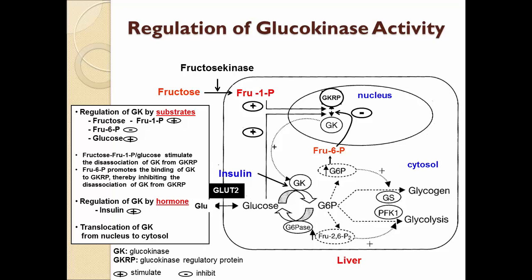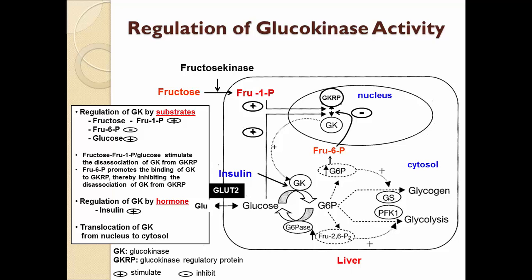Under the basal condition, there are two important substrates that can regulate the dissociation of glucokinase from the glucokinase regulatory protein, allowing glucokinase to be released from the nucleus into the cytosol for its activities.